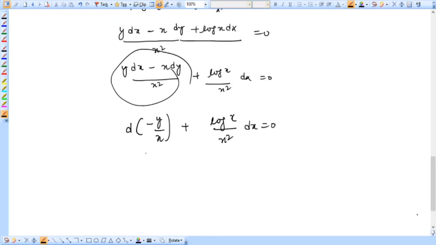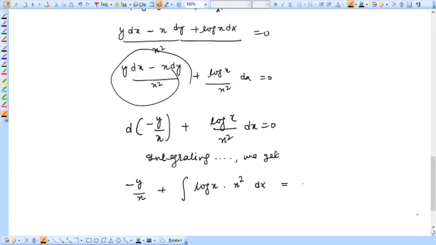Now integrating, we get: integration of this would be minus y over x plus the integration of log x into 1 over x square dx, equal to a constant of integration.